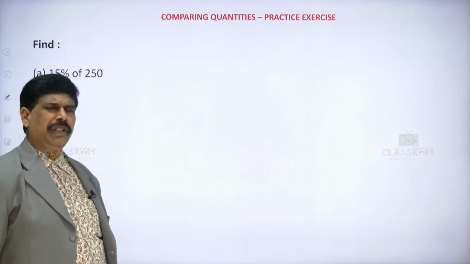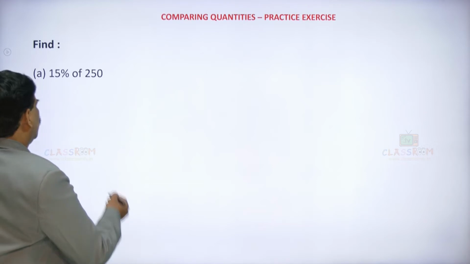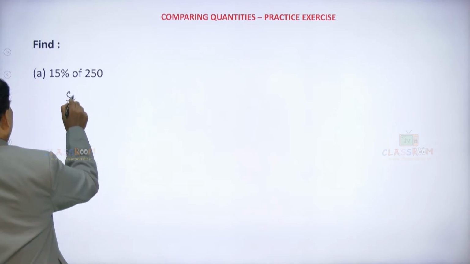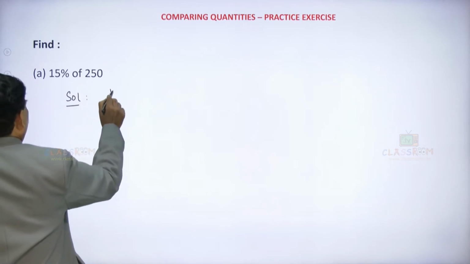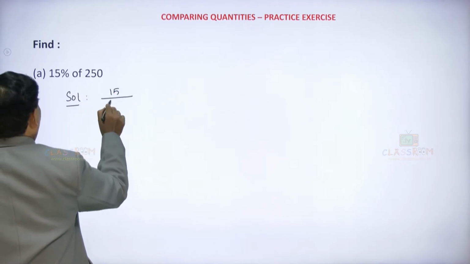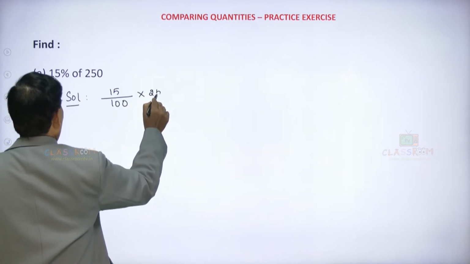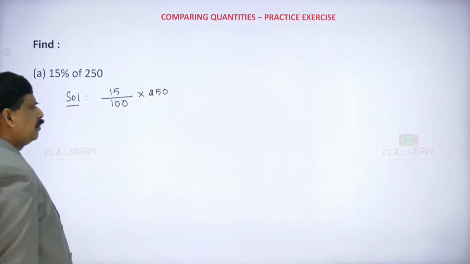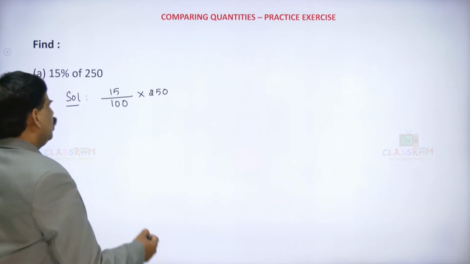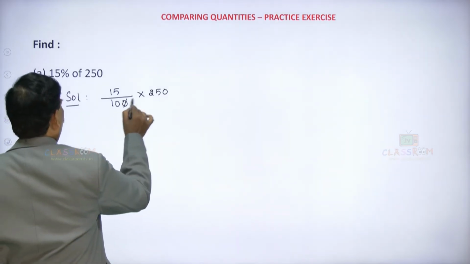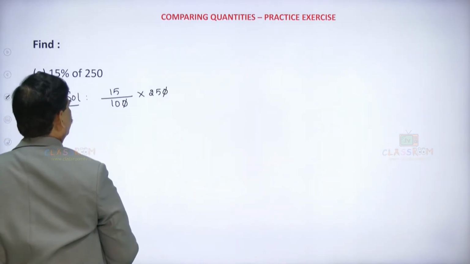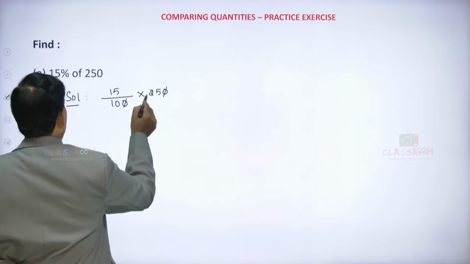We know we should divide with 100. 15% of 250, it is 15 by 100 into 250. Of means it is into, remember. So, 0 and 0 get cancelled. 10 is there.